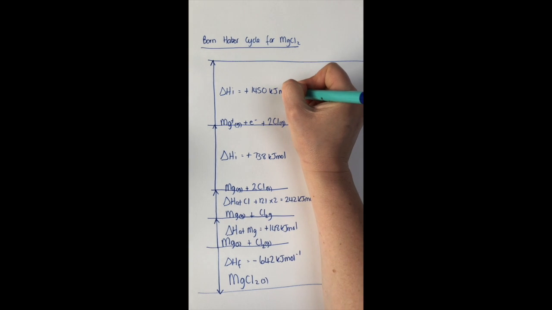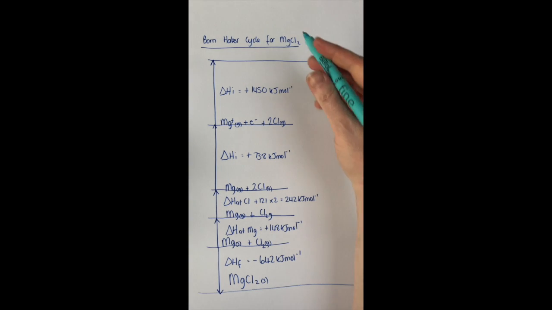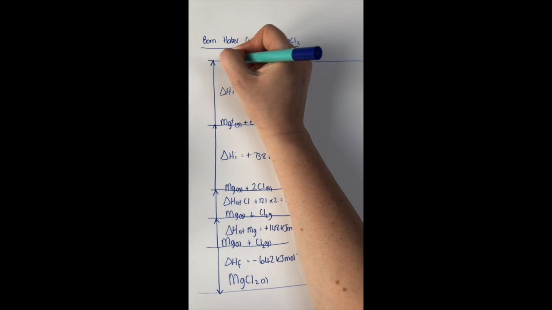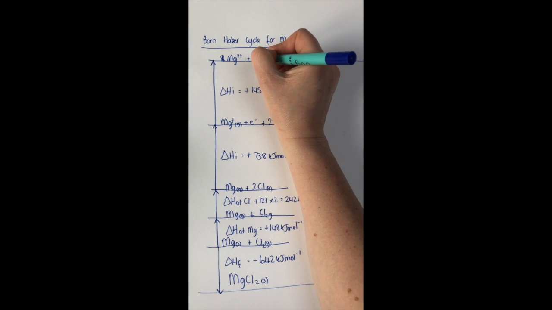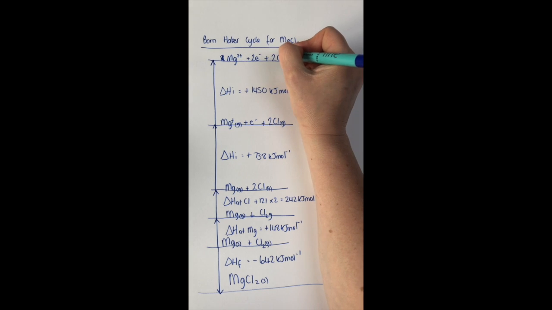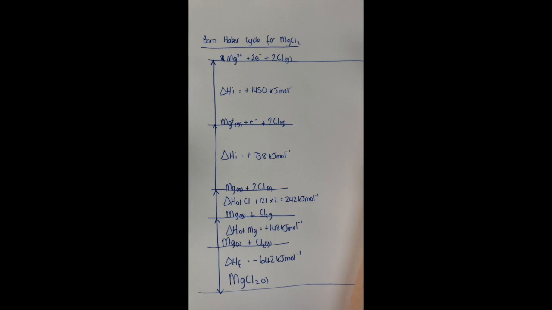And then we're going to have formed that magnesium 2+ ion plus our 2 electrons plus our 2 chlorine atoms.